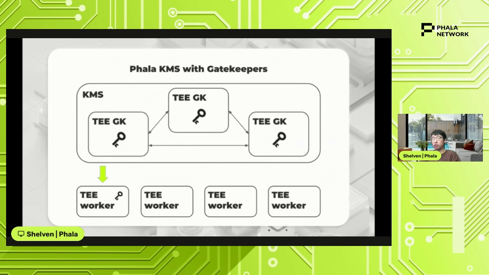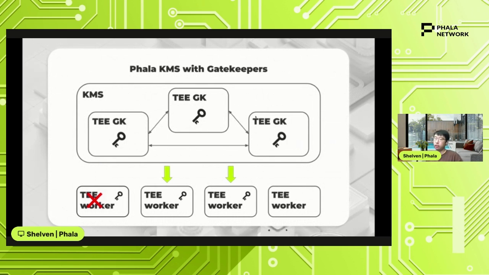They are the members of the key management service, and they are the root of trust of the whole network. Here we can adopt a simple duplication model: the same key is shared across all the TEE gatekeepers, and only if the TEE workers are authorized will these keys be shared to them for the real execution.